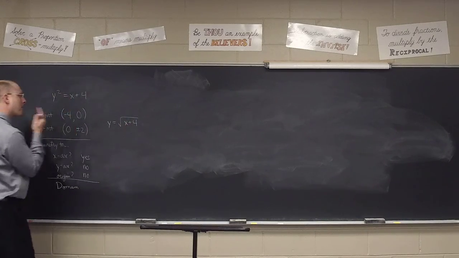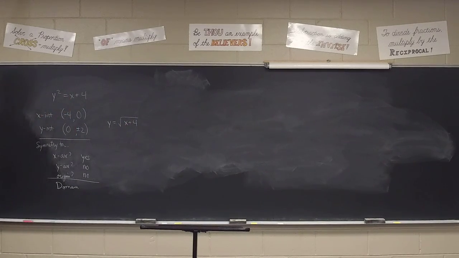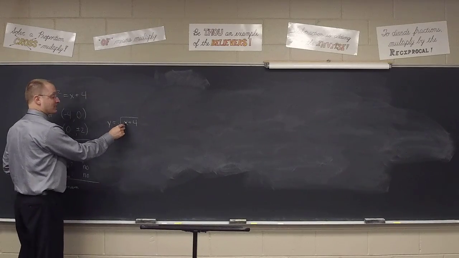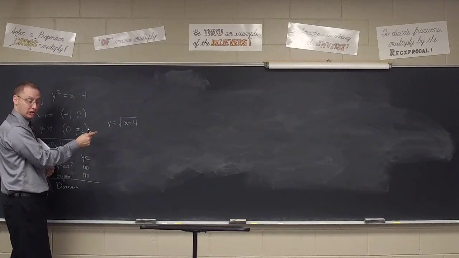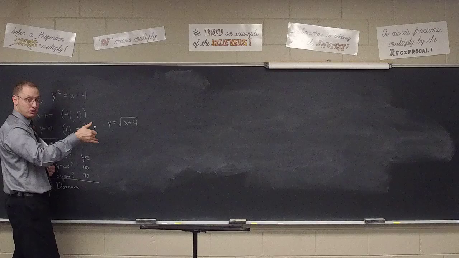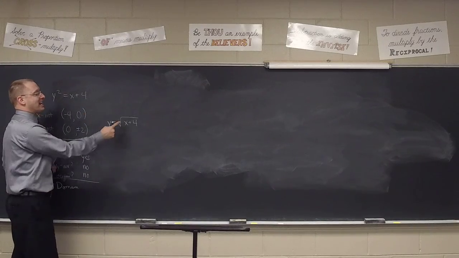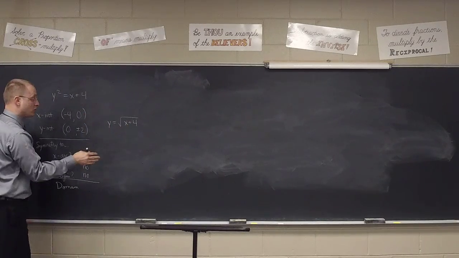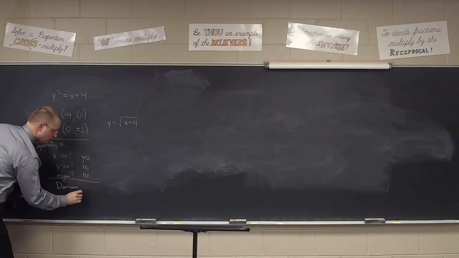And then we look at this and say, what can I plug in for x? Anything bigger than -4? -4 is kind of that critical value that would give you the 0. That puts you right on the edge. Anything bigger like -3, -2, -1, 0, 1, 2, 3, 4, 5, all the way to infinity is good. Anything below that, -5 on down, no good. So we'd say the domain is x greater than or equal to -4.